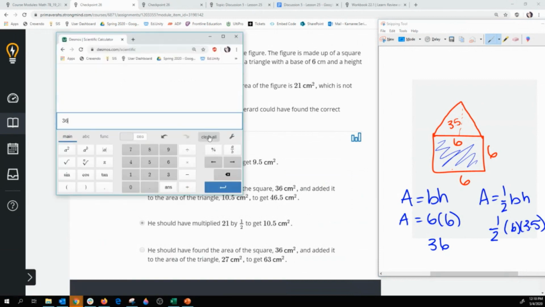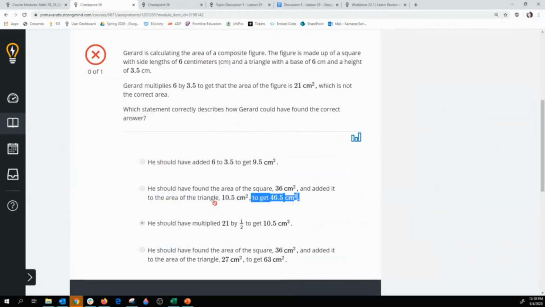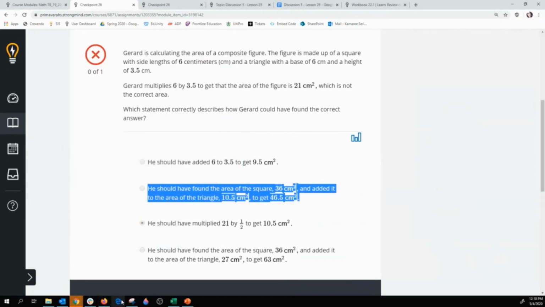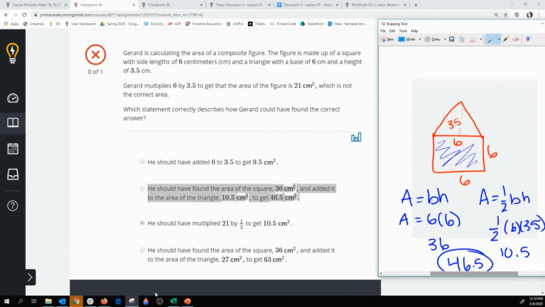So 1/2 times 6 times 3.5 gives me 10.5. And then we need to add them together. So 36 plus 10.5 gives me 46.5. So he should have found the area of the square first, and then added it to the area of the triangle, which is 10.5. When you add both of them together, you get 46.5 centimeters squared.